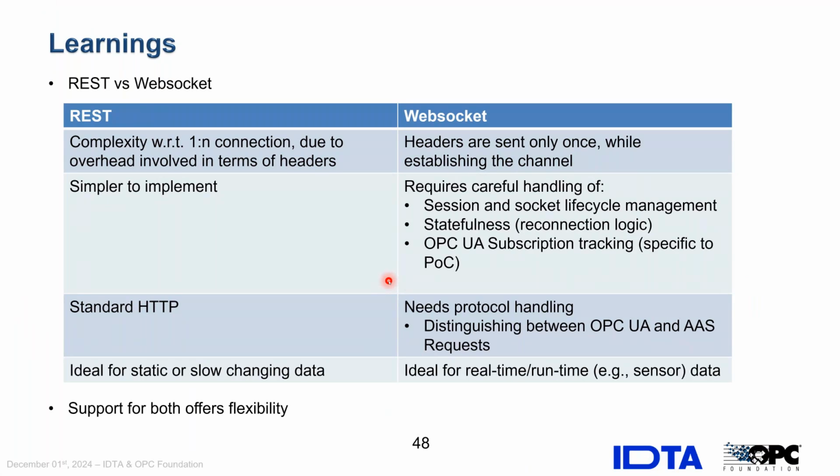As we all know, REST, when it comes to one-to-many connection, involves headers and the overhead of dealing with these headers, which adds a bit of complexity to the application. But in the case of WebSocket, as the headers are sent only once while establishing the connection, WebSocket helps performance when it comes to live data or more frequently changing data.